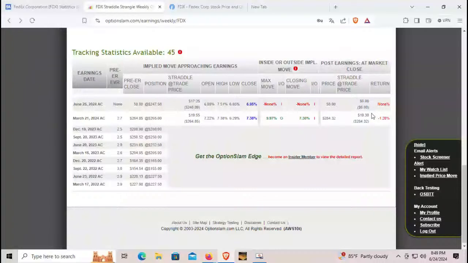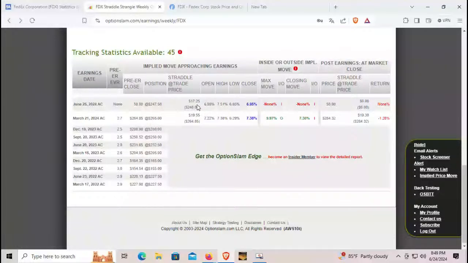The straddle actually lost 1% because the play was 1955 and the straddle would be 1930. So this play over here might already say the position for June 25th is 247, but the stock trades at 256. So right now it's already 8 points above this play.